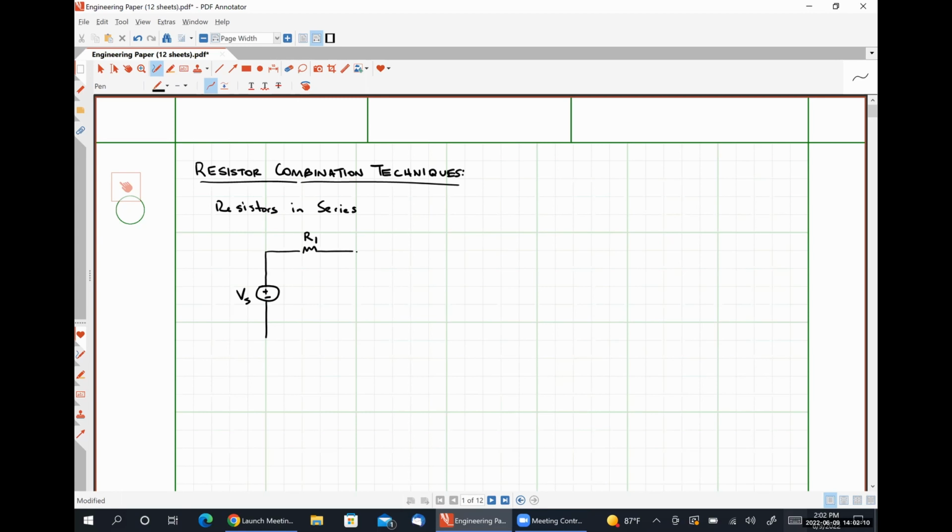So let's call this resistor R1, this resistor R2, all the way out to some nth resistor, R sub n. Like so.